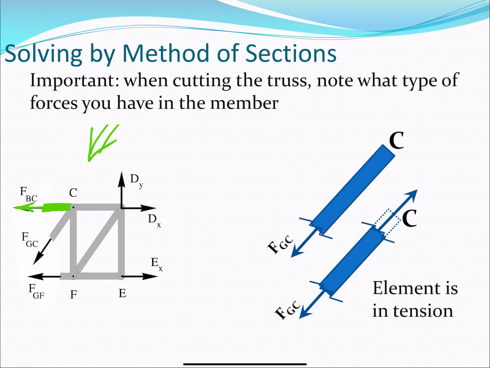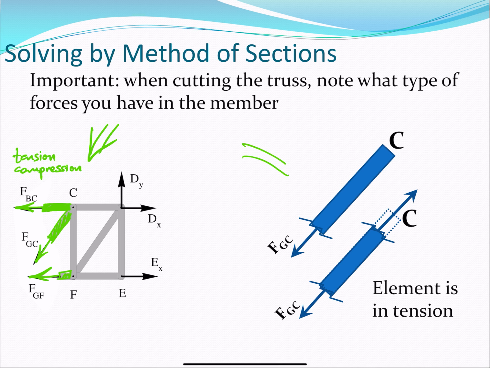So does that case correspond to tension or compression? Remember, we did a similar analysis for the method of joints. Now we have to do the same analysis for the method of sections. When you cut through the members and you uncover the forces, are these elements in tension or compression?